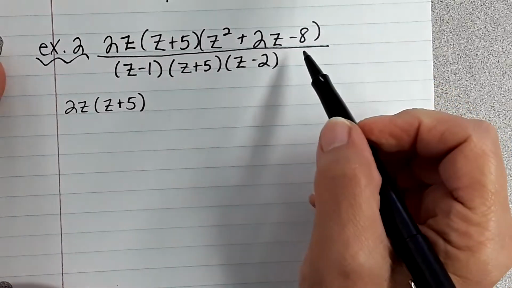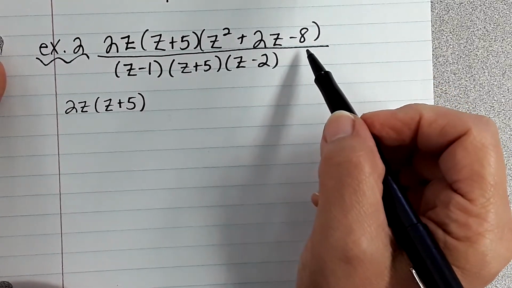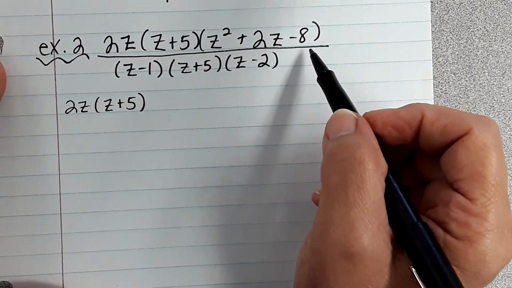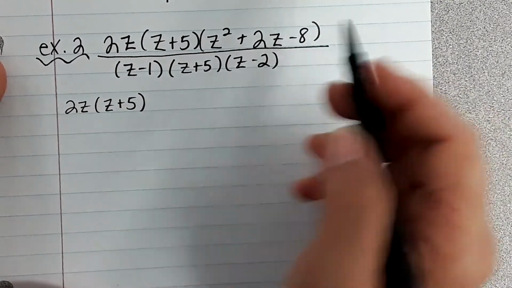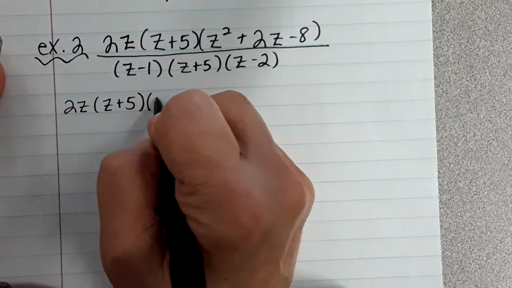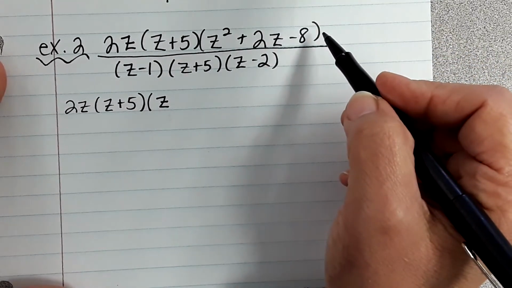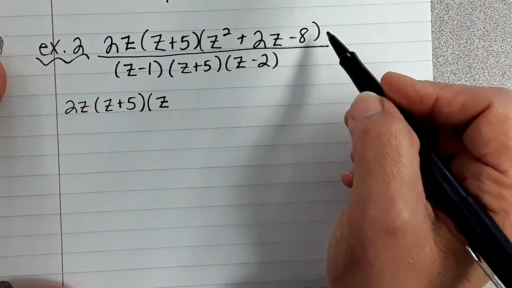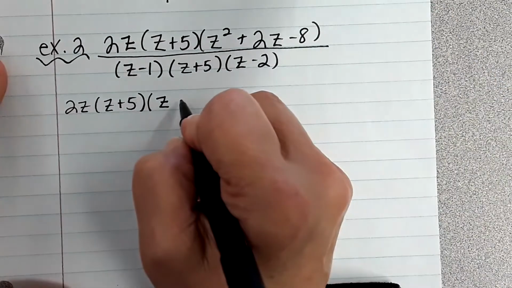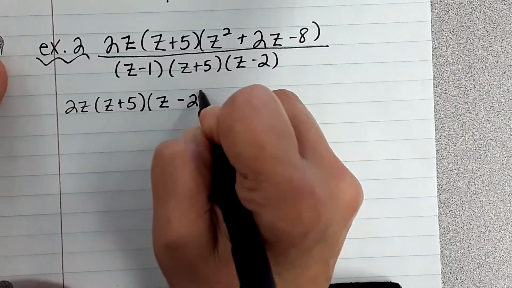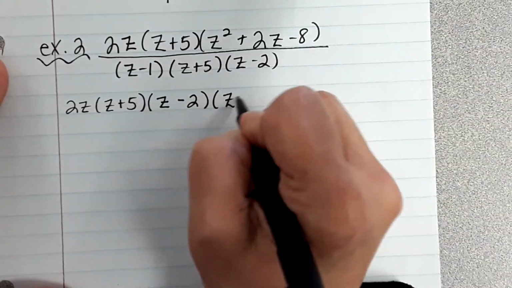Can we think of two numbers that we can multiply to get negative 8, and when we add them we get 2? And is one of them negative and one of them positive? 2 is negative and 4 is positive.